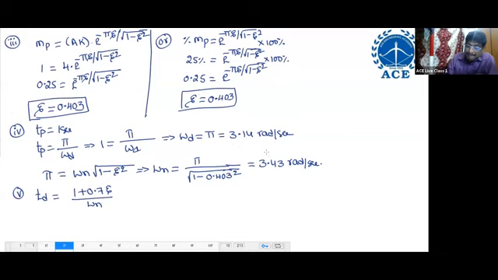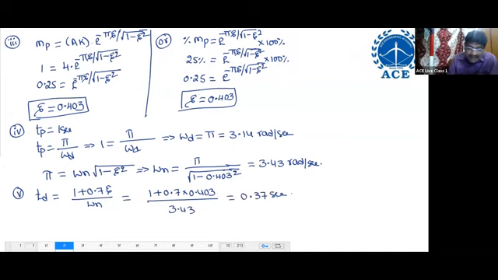Delay time is 0.37. Correct. So (1 + 0.7 × 0.403) divided by omega n 3.43. Solve it, you'll get 0.37.